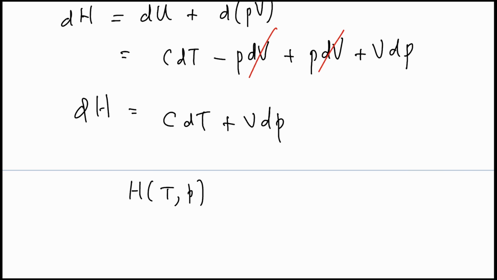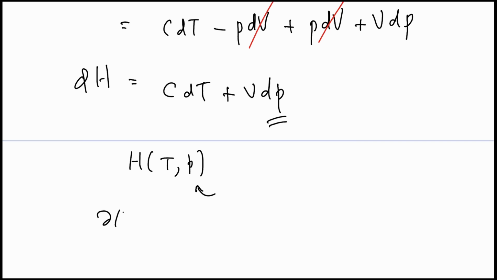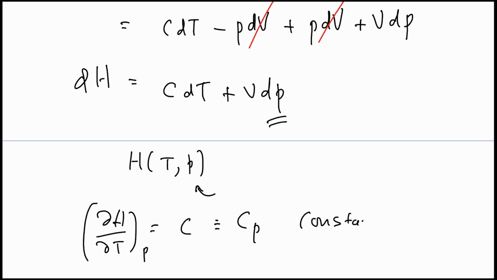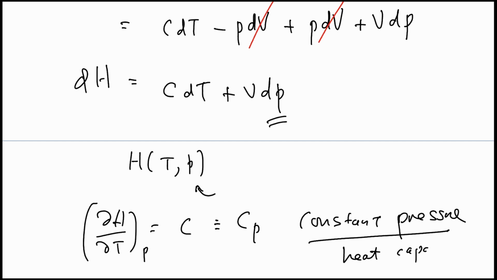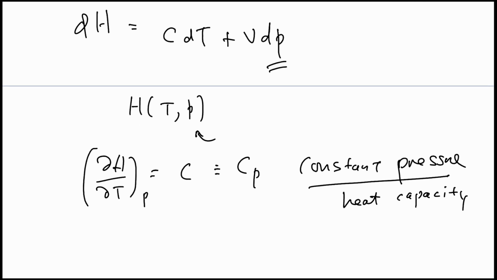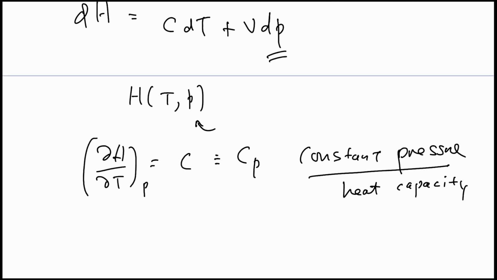So that dP here is the smoking gun that the thing has to depend on P. And partial H, partial T at constant P is what I've called C here, and that's C sub P, the constant pressure heat capacity. I don't want to call it C sub V, because that's a bad name to call something if it's constant pressure. I want to put C sub P.